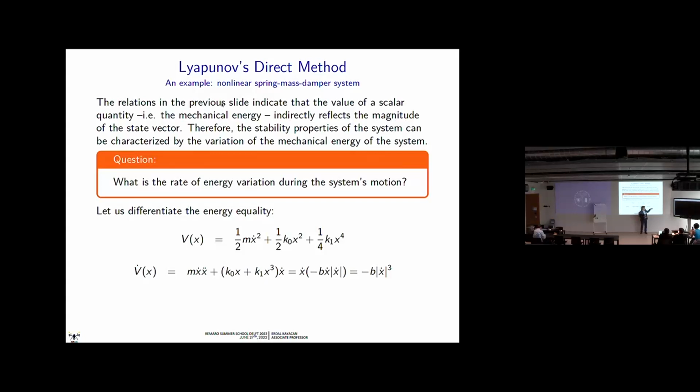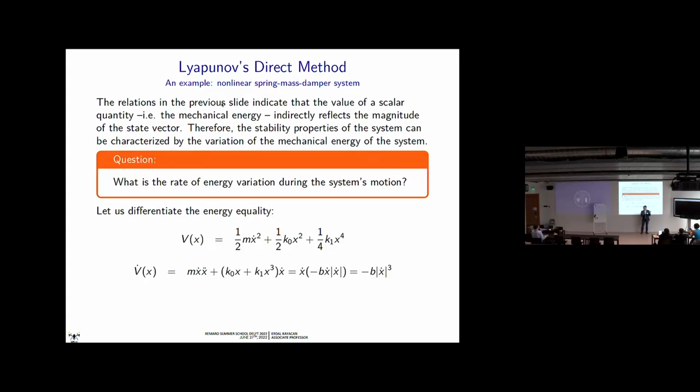If the friction coefficient is positive, the time derivative of this function will always go down. So the energy will be dissipated. Is it in line with your intuition? If the friction coefficient is positive, the system is stable.